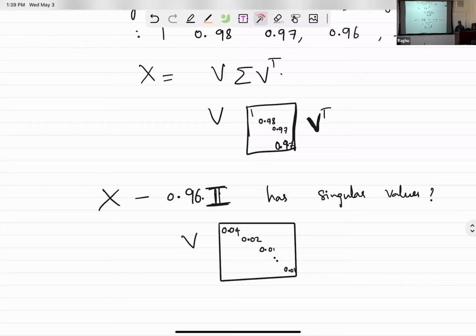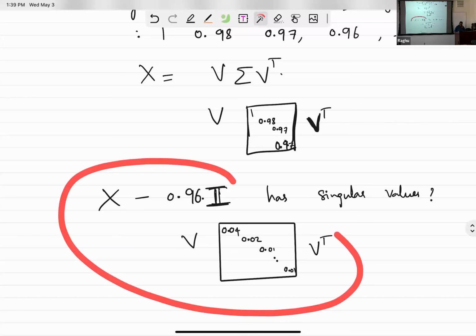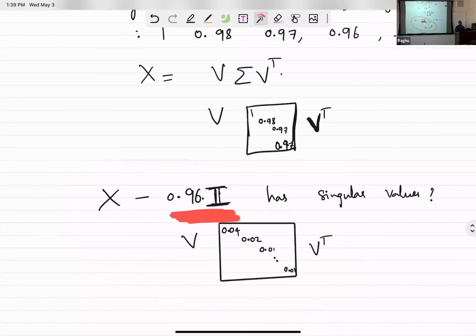Now what happens? What's the gap between the first and second? We didn't do anything, we just subtracted something, but what happened to the gap? 50%. You went from a 2% gap to a 50% gap. So if you run power iteration on this matrix, which is just as fast, you're only subtracting the identity, so computing X times b is just as fast.